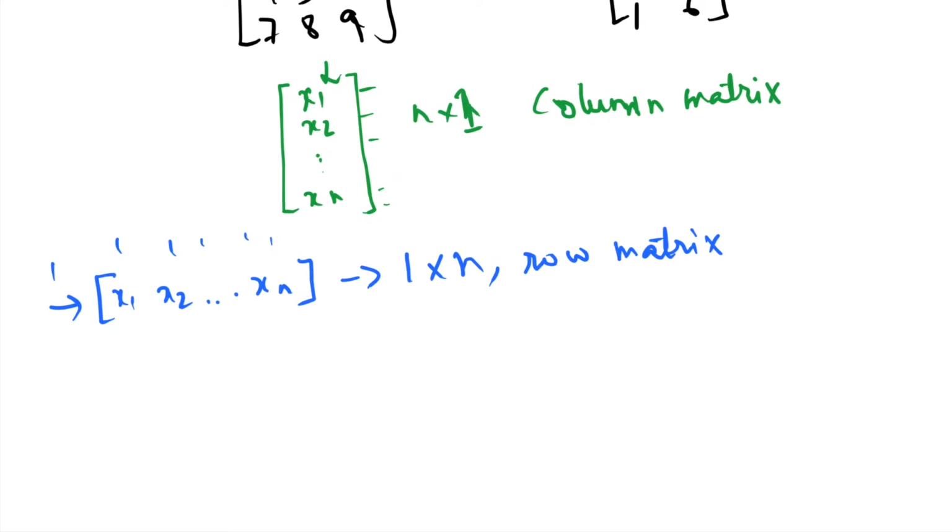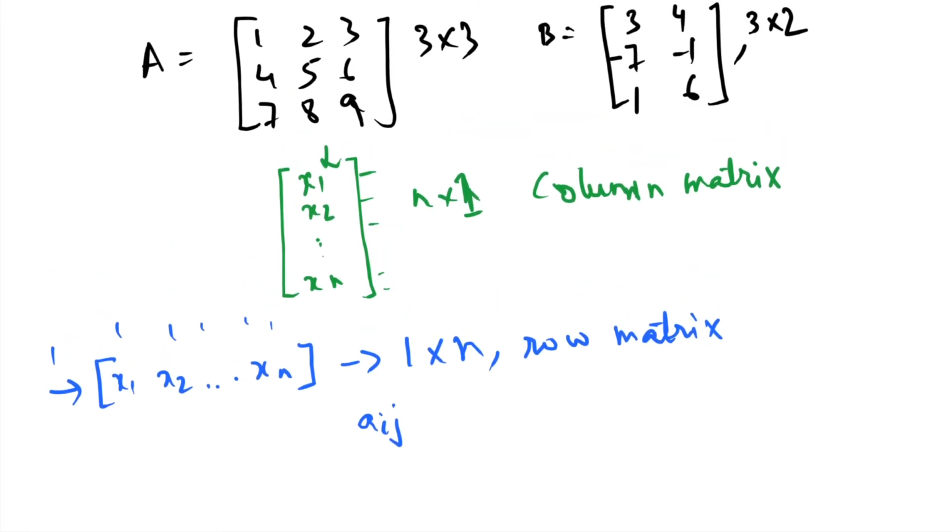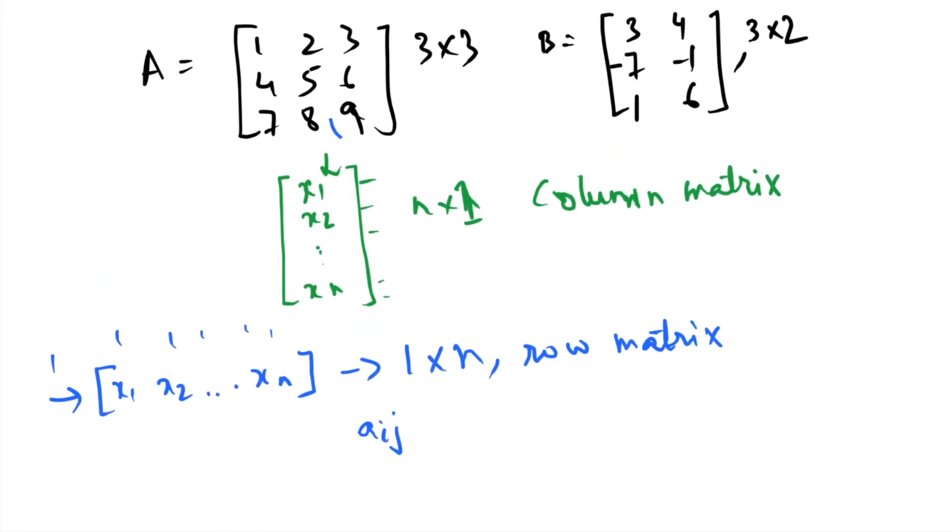An element of a matrix in the ith row and jth column is traditionally denoted by aij. Okay, so let me give you an example. So let's say this number 9. The number 9 is in the 3rd row and in the 3rd column, so the number 9 will be denoted by A33.